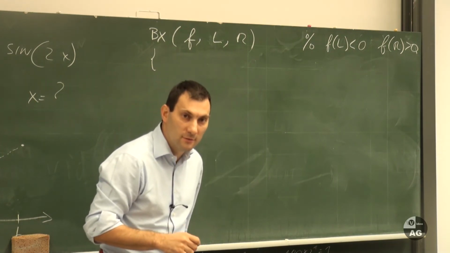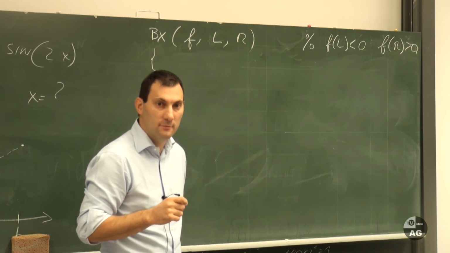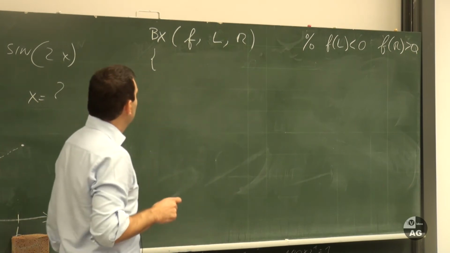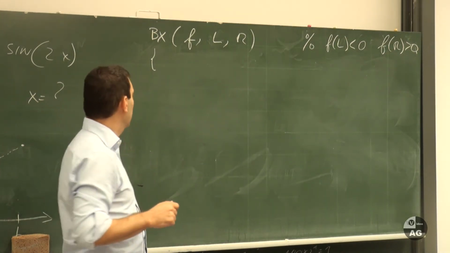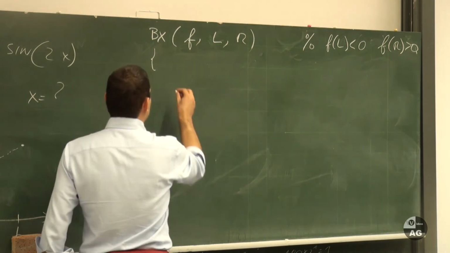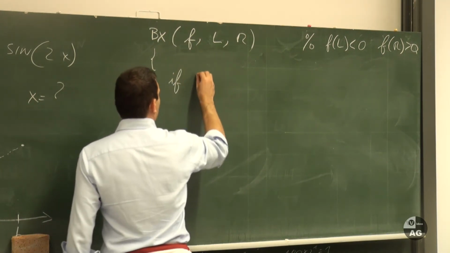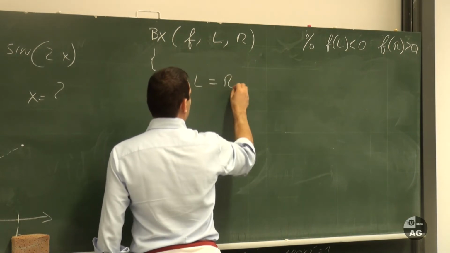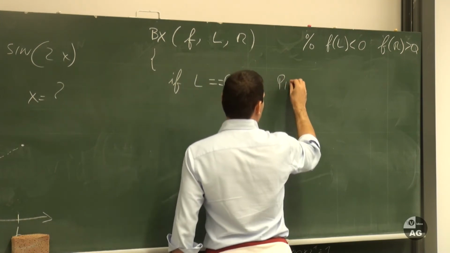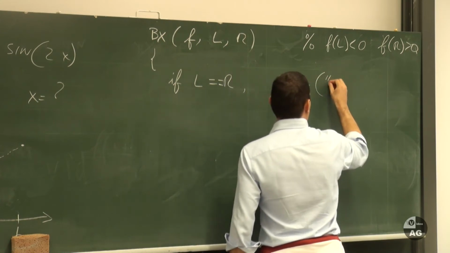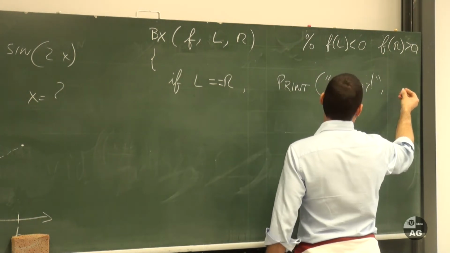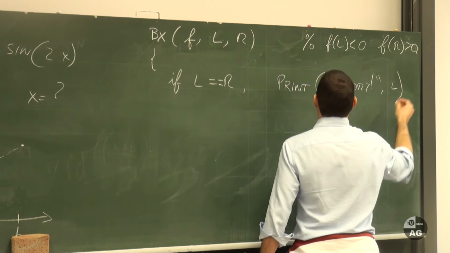We just observe the left and the right until they just stay like that. I mean, they cannot get any closer. So, okay, let me give a suggestion. How about we start off and we say, if L equals equals R, then we print victory. And we just give either left or right, it doesn't matter.